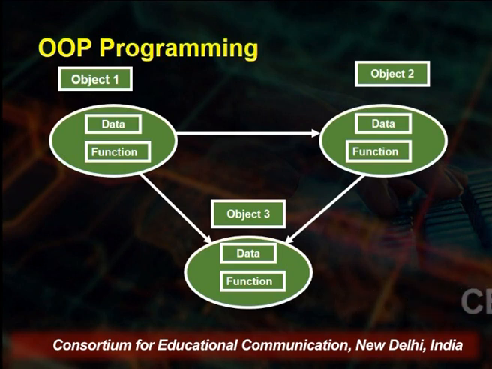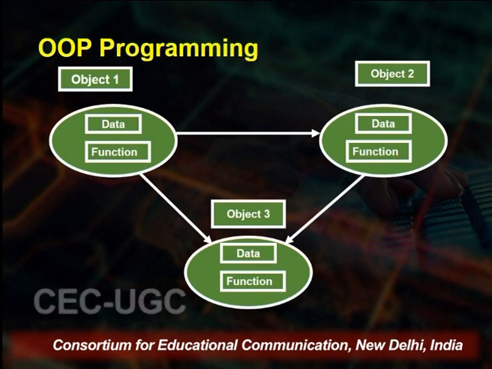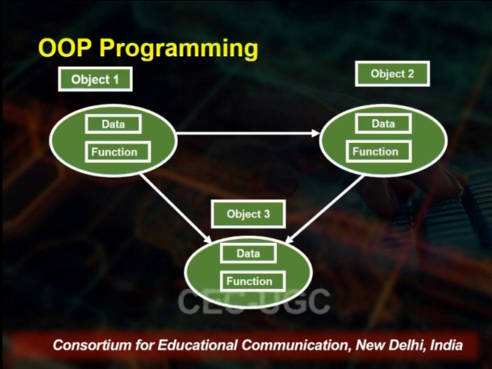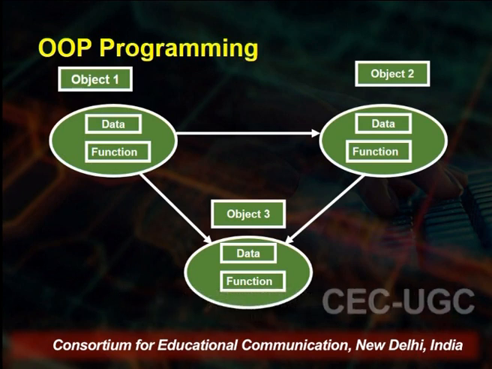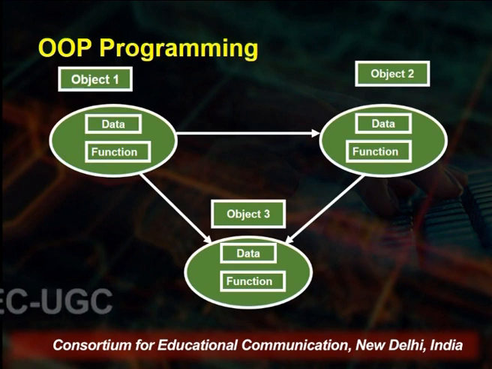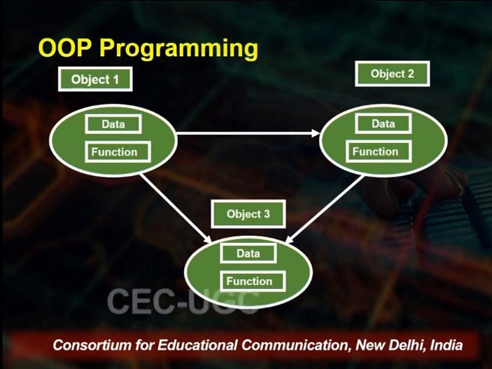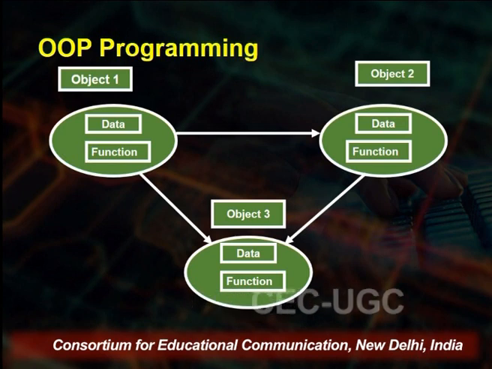Object 1 has its own data as well as its own functions. Similarly, object 2 has its data and functions, and so does object 3, and these objects can interact with each other, and this interaction is shown here in the form of arrows, we can say.